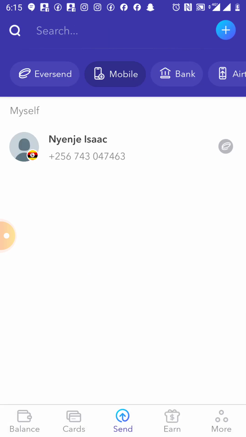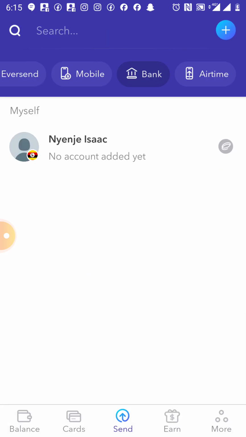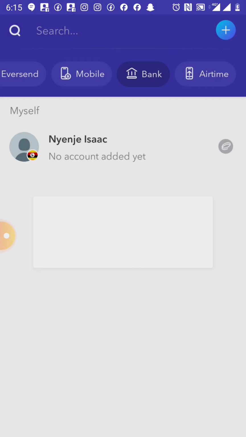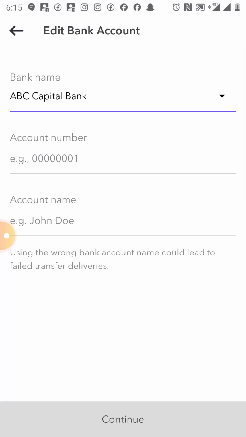Then if I want to send to the bank, no bank account added yet, so I can click here. No bank account present on Nyenje Isaac, would you like to add one? Are you seeing that? So I can go here and choose my bank.